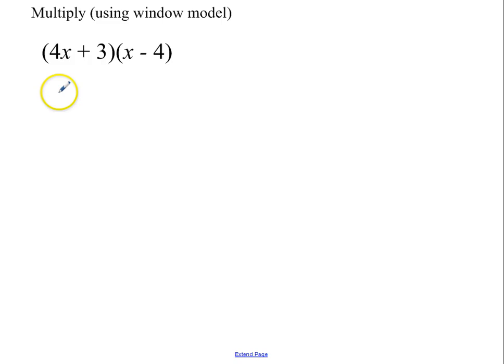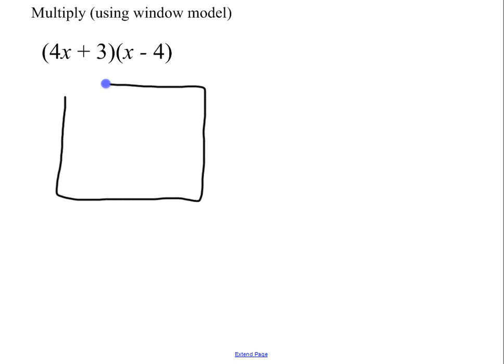Let's back up and first look at a model for multiplying, because when we factor, we are doing the opposite of multiplying. If I wanted to multiply this pair of binomials, I could do so using an area model. I'm going to draw a little window, and on the top I'm going to write 4x and plus 3, and on the right side I'm going to write x minus 4.